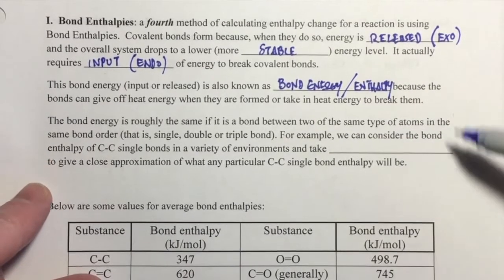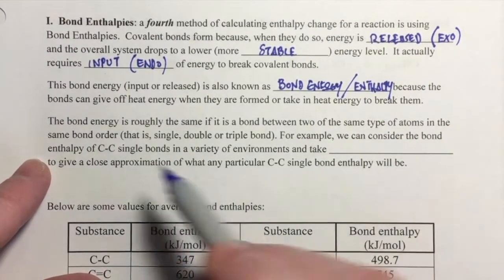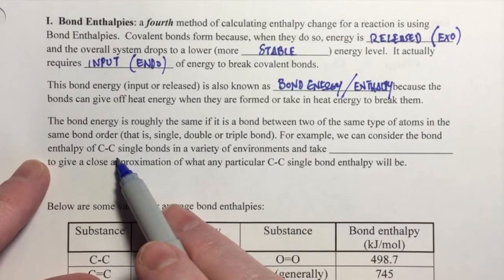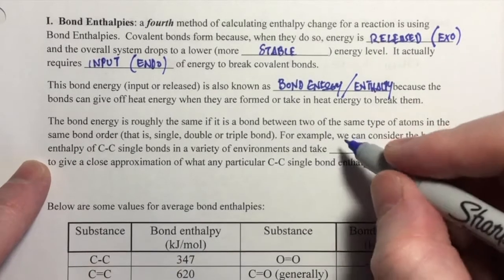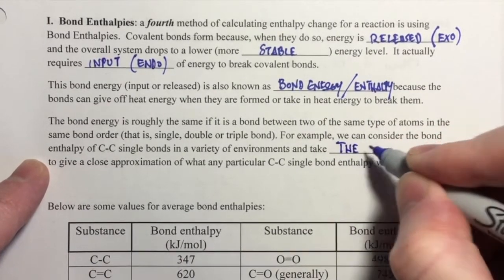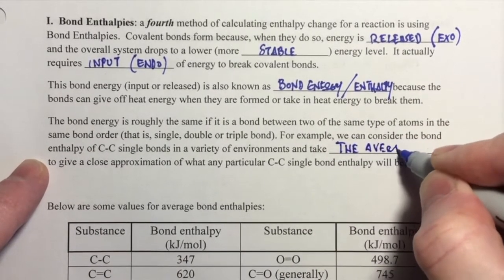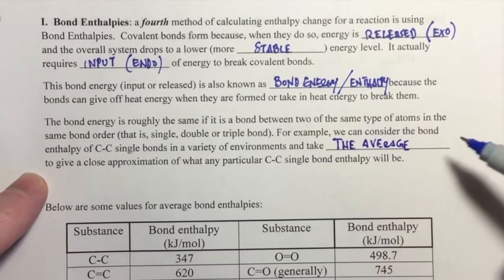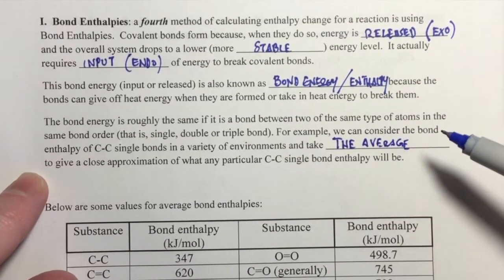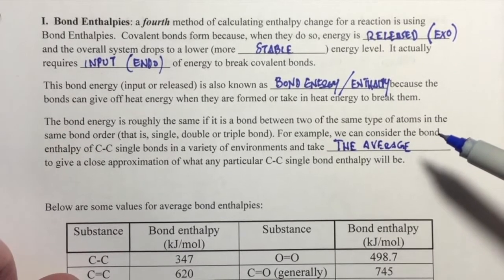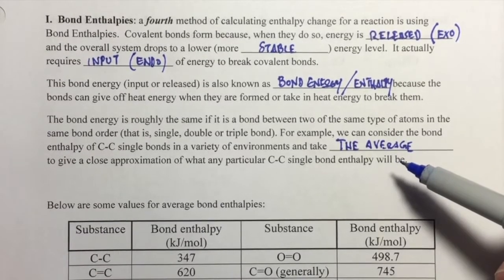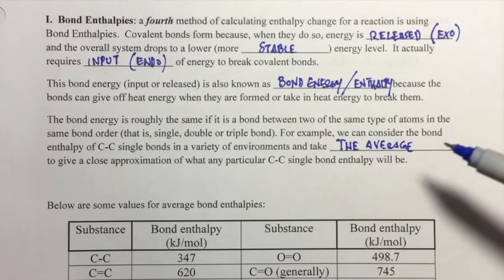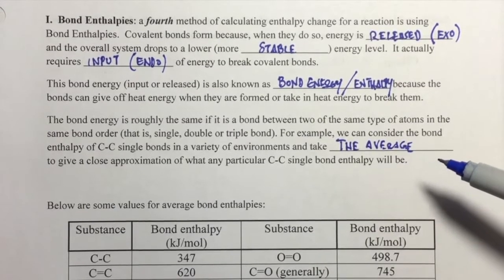So for example, we can consider the bond enthalpy of a carbon-carbon single bond in a variety of molecular environments, and then take the average of all of those bond enthalpies that we find for carbon-carbon single bonds, everywhere we find them, and that will give us a close approximation of what any particular carbon-carbon single bond enthalpy will be.